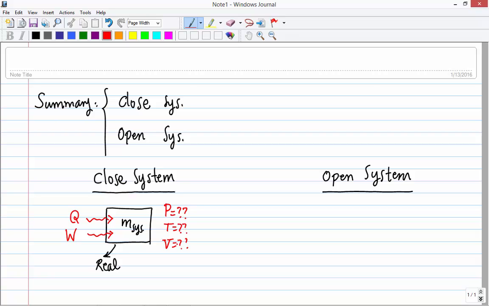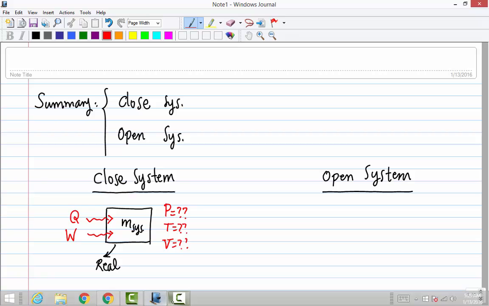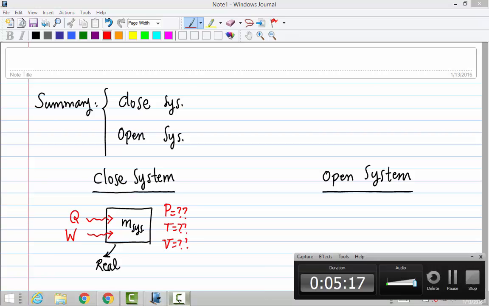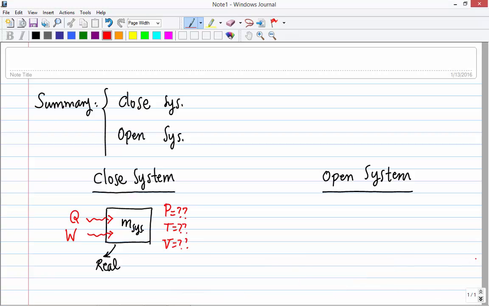Or even if we mix a piston cylinder system with properties of pure substances, then we will check the quality as well. Okay, so that was simple.